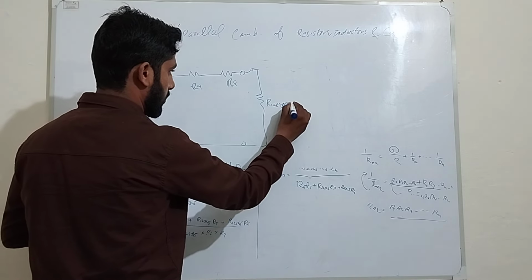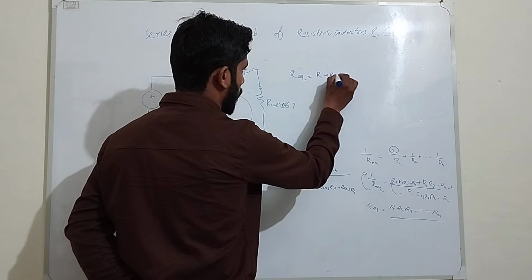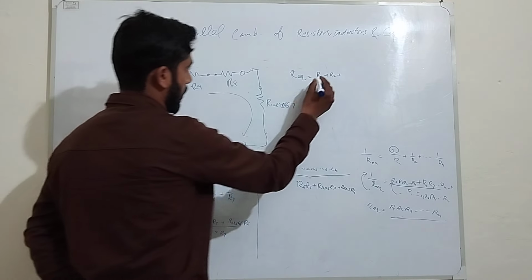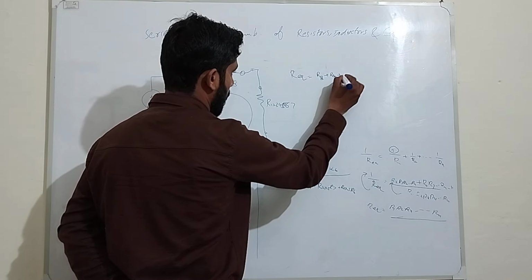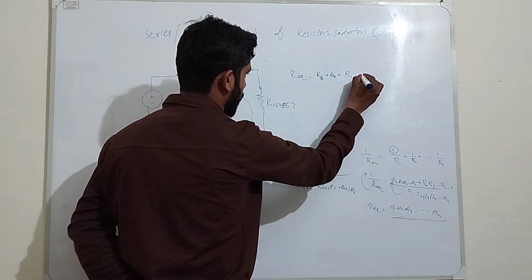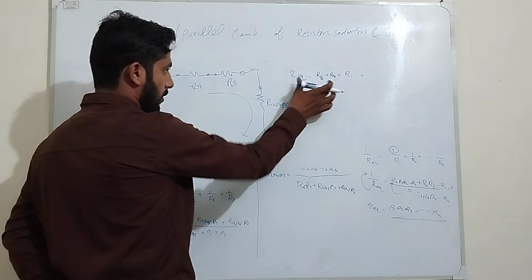Okay, so add all the resistors, you will get the equivalent resistor. R equivalent will be equal to R1 plus R2 plus R8 plus R9 plus R1 to 7. Okay, this will be the addition.